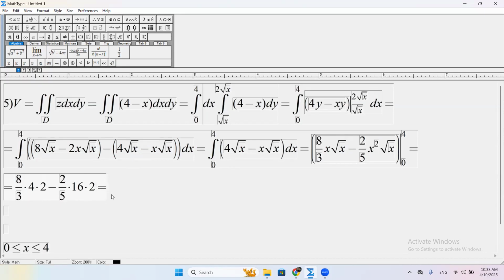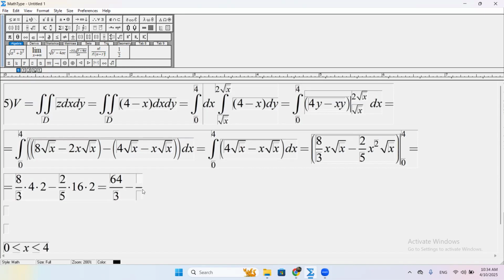So now what do we have? Okay, let's try to simplify a little bit if it helps us. So 64 over 3 minus 64 over 5.